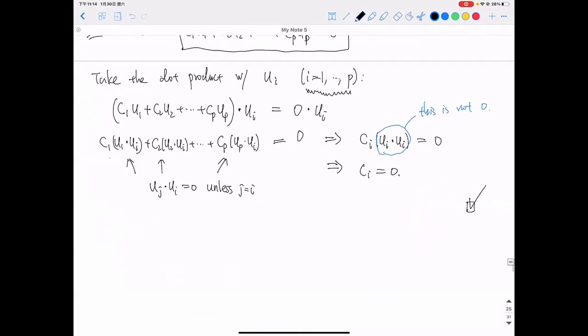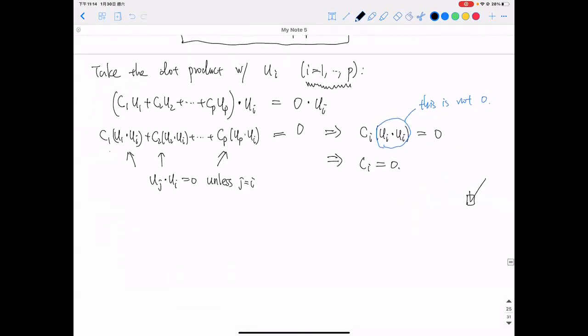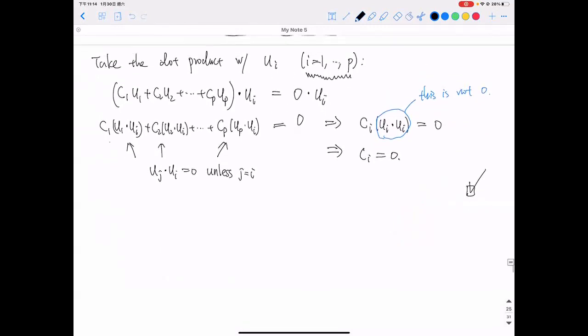Okay. So now what we've seen is that orthogonality implies linear independence.